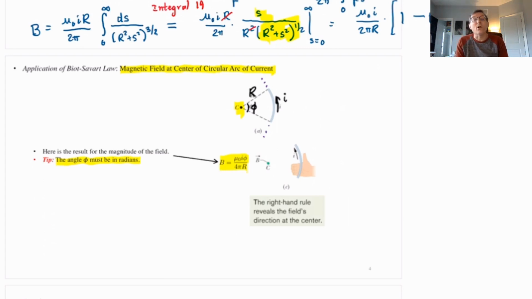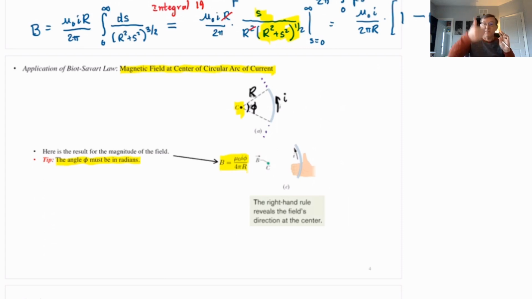Now, the magnetic field law, specifically ds cross r hat, will give you the direction of the magnetic field. But there is a kind of a specialized right-hand rule shortcut that you can use. And it's very similar to what we did for the long straight wire. For the long straight wire, we just stuck out our thumb in the direction of the current and saw which way our fingertips circulated around our thumb.